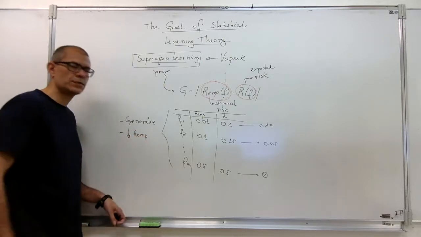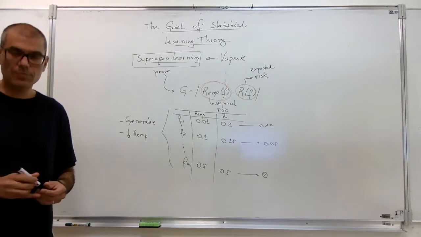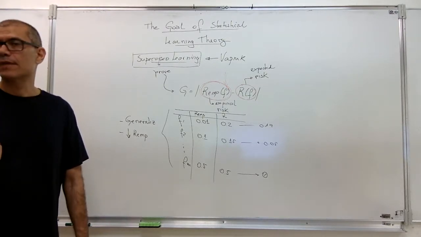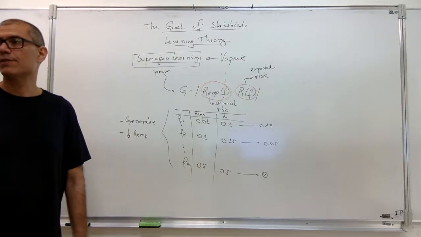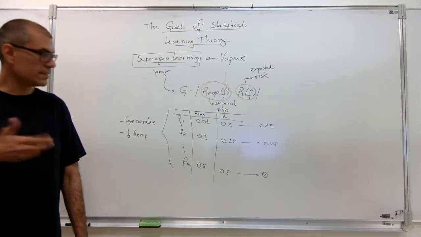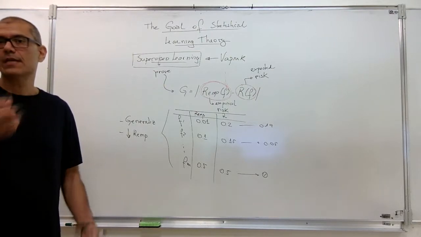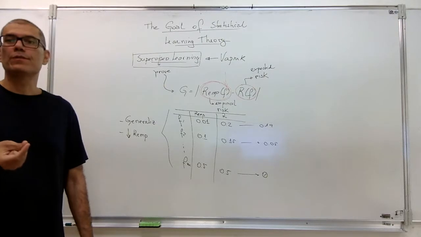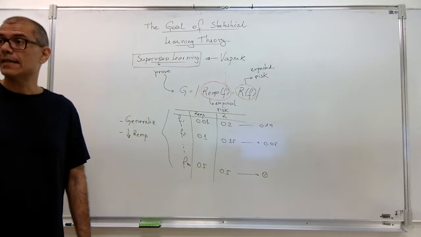So Vapnik was interested in two basic conditions: ensure the reduction in the empirical risk and ensure generalization at the same time. So if we reduce the empirical risk and at the same time this generalization term approaches zero, we learn and have a useful model.